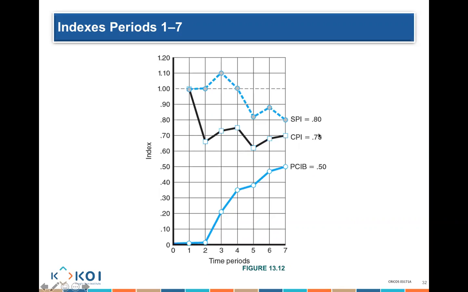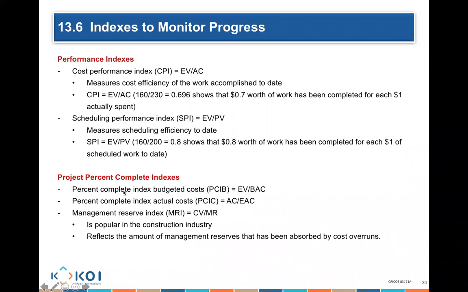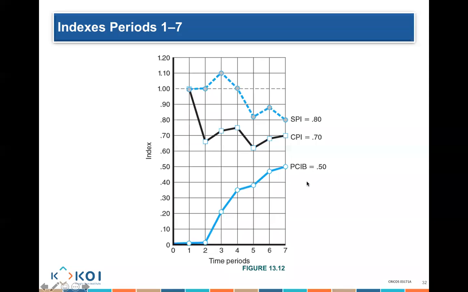In terms of cost, we're doing only 0.7 worth of work. We should do at least 1 in terms of cost. And PCIB is the percentage of the budget we've already spent, the percent complete index budget. So we did 50% of the work already by spending that budget.